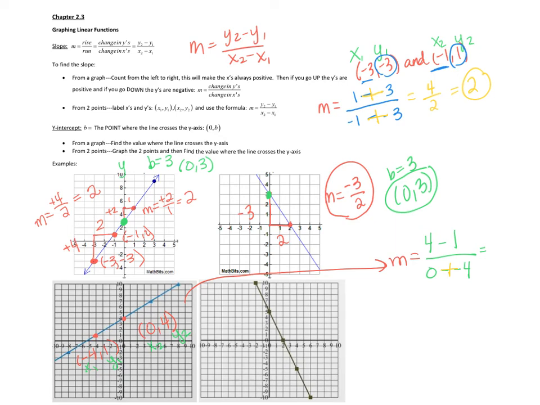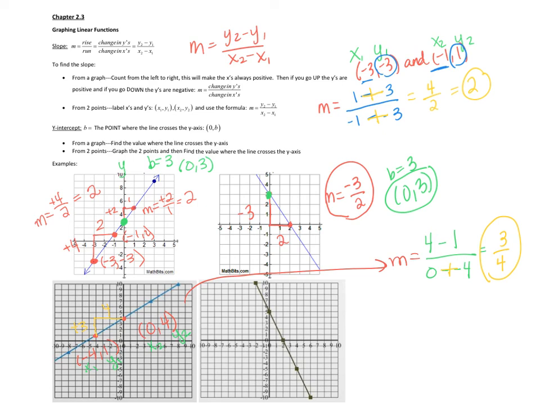I'm going to make that a plus in the denominator, so I'm going to get 3 over 4 to be my slope. I can also just count it, so I'm going to go up 1, 2, 3 over 1, 2, 3, 4. So I can see that slope would again be the 3 over 4.